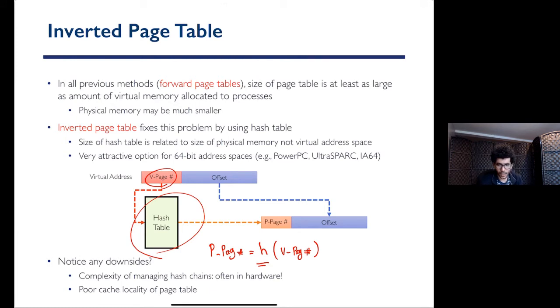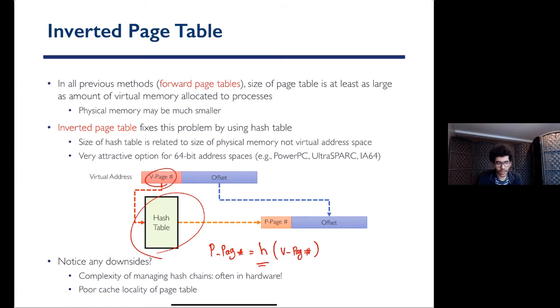The other difficulty with this is poor cache locality. If you know anything about hashes, they hash different keys to random values, right? That's where we get the power of hashing, because we want to avoid different keys being mapped to the same value. That's why we randomly distribute them.